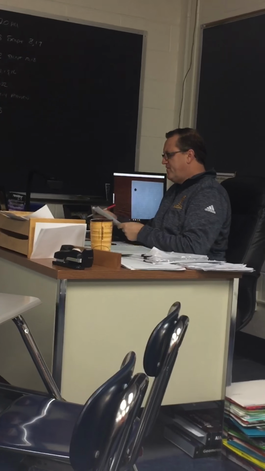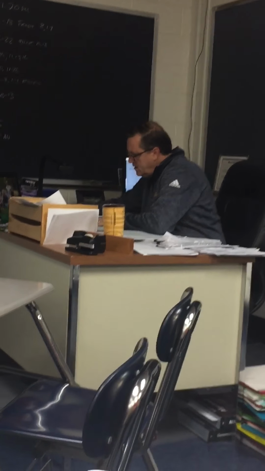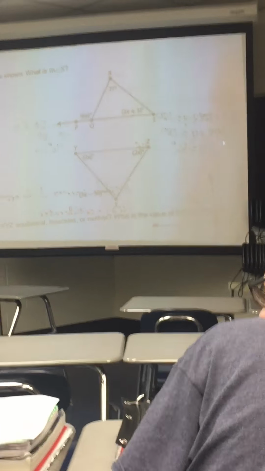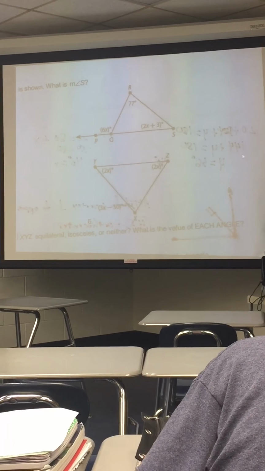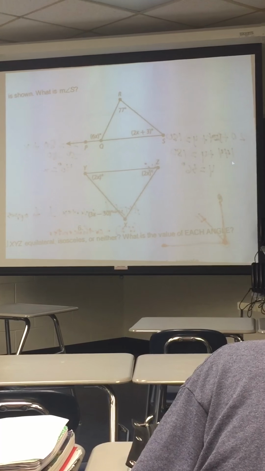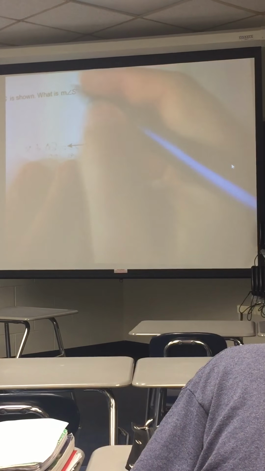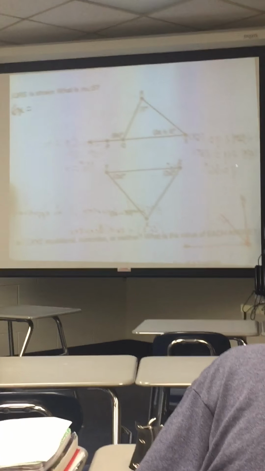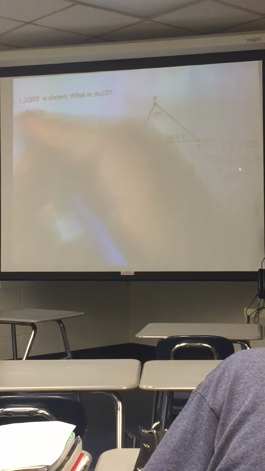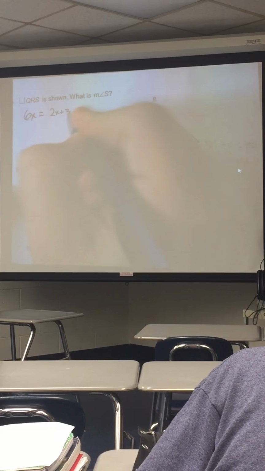All right, turn over to number 5. Triangle QRS is shown. The exterior angle is equal to the sum of the two remote interior angles, so 6x is equal to 2x plus 3 plus 77.